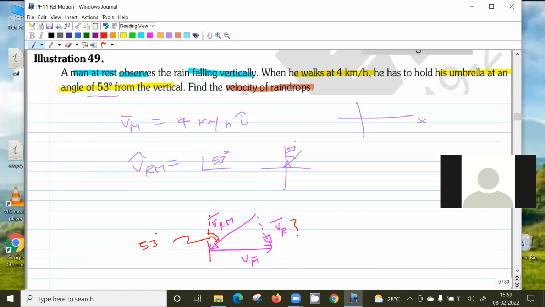So we have to find this one. This is i cap. This is 53. This is 4. And this angle is 53. So this angle is 37. Yes, sir. Now there is another information: the rain is falling vertically.